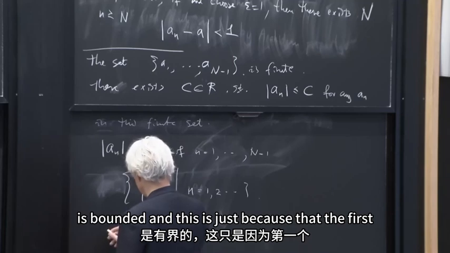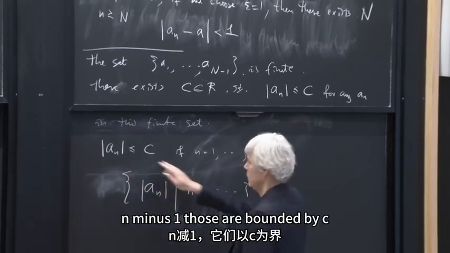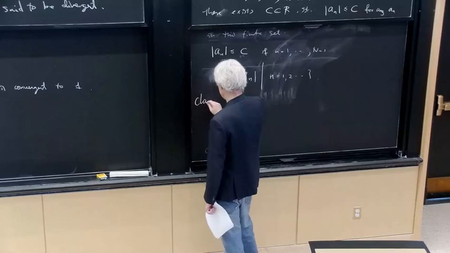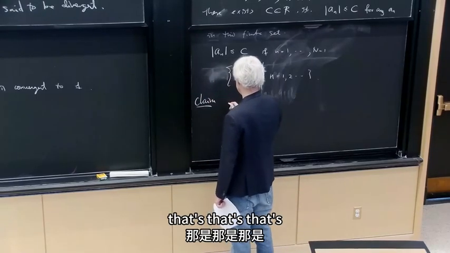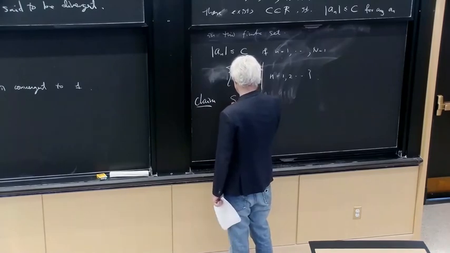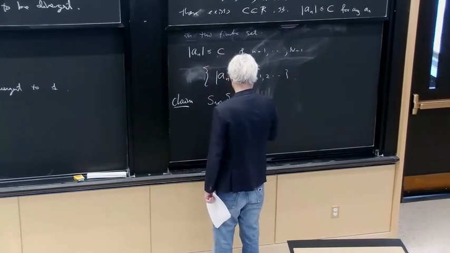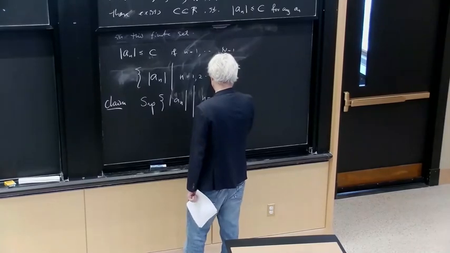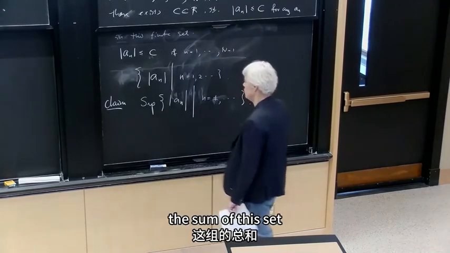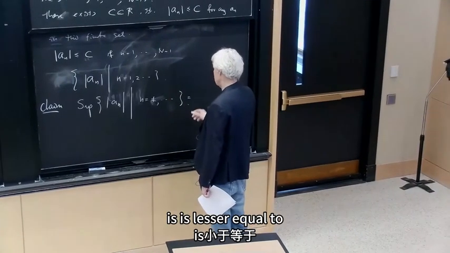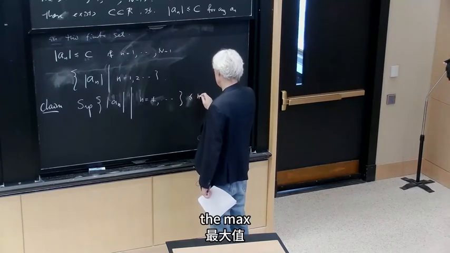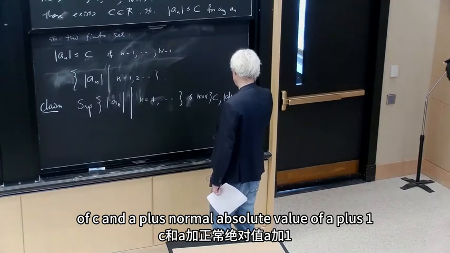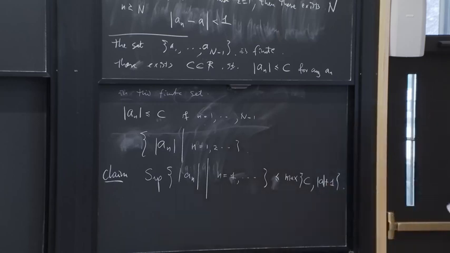This is just because the first N minus 1, those are bounded by C. So I claim that the sup of this set, over all n from 1, is less or equal to the max of C and |A| plus 1. So I claim that.